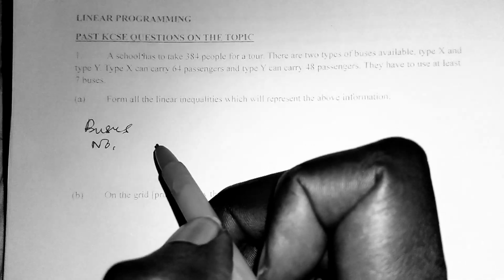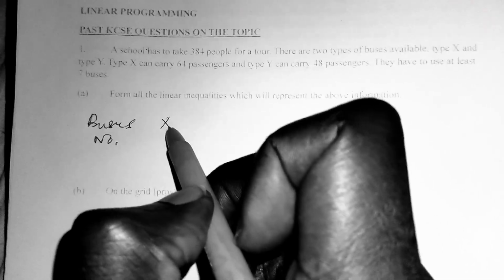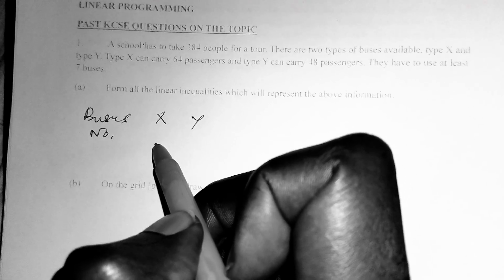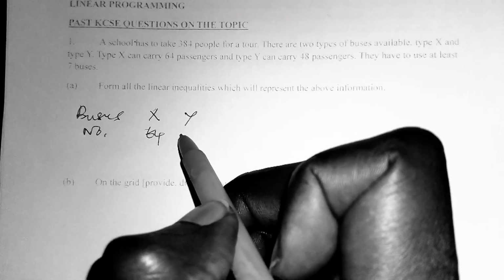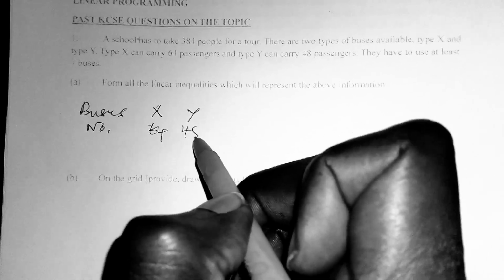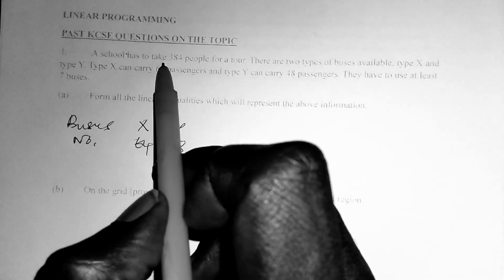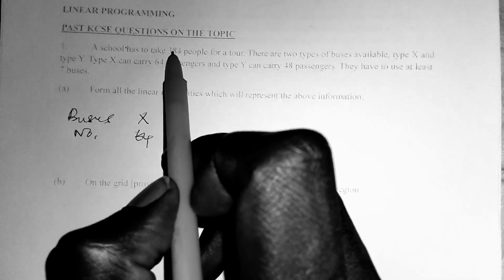So here you have buses and the number of students or people. The types of buses we have are X and Y. Bus X can carry 64 and bus Y can only carry 48, and the total number of people to be carried is 384.